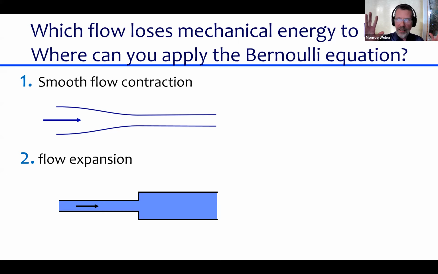Or alternately, that's the same as asking, where can you apply the Bernoulli equation to track what's happening as you go through this change in geometry? So what do you think? Which of these 2 can you apply the Bernoulli equation to and it's completely legit?